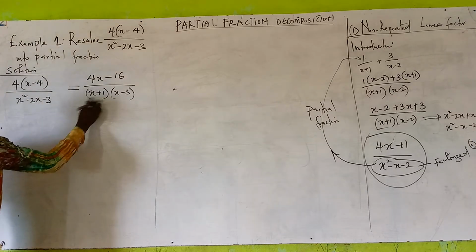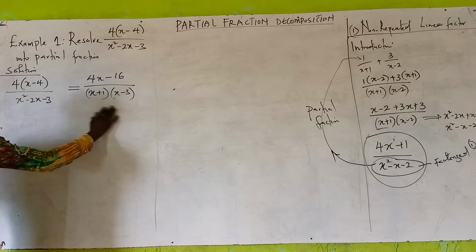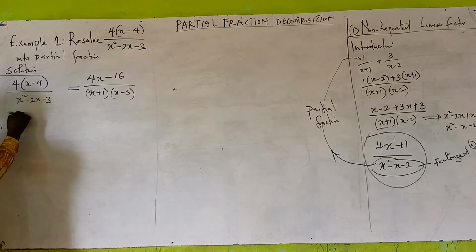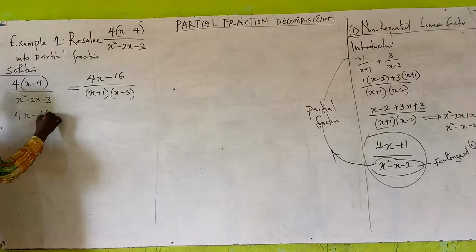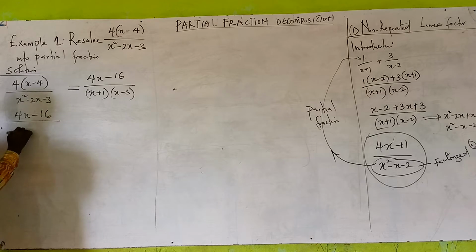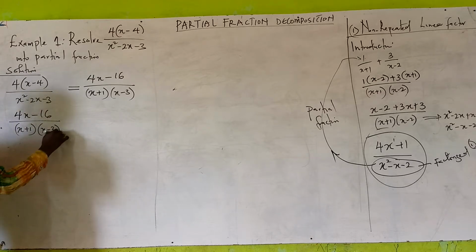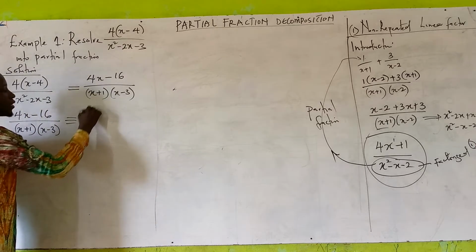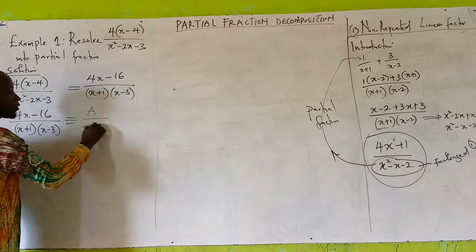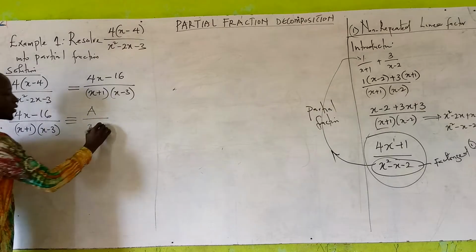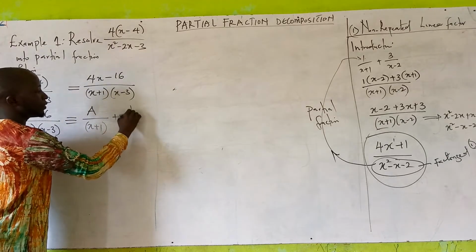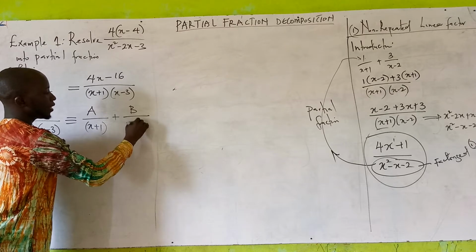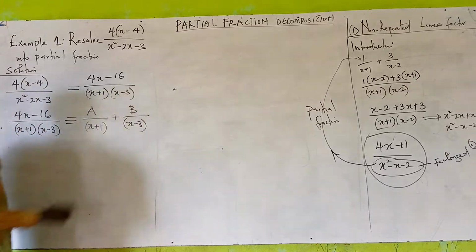Now, how is our partial fraction going to look? It is a non-repeated linear factor: you can see this is linear and nothing is repeated. So 4x minus 16 over x plus 1 times x minus 3 equals A over x plus 1, the first root, plus B over x minus 3, the second root.